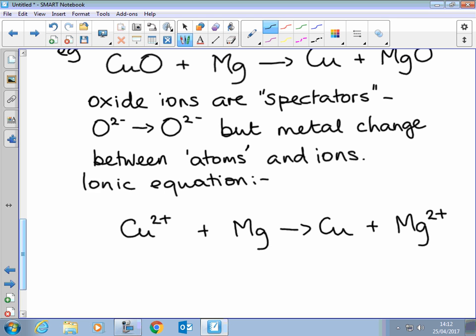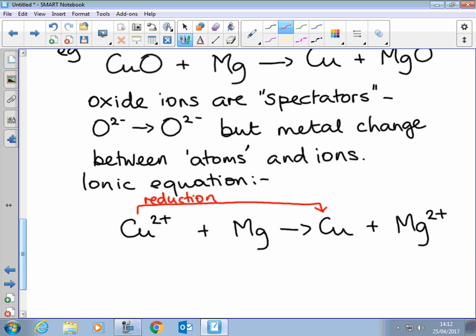So, where is the reduction going on? What's being reduced? Copper, yeah. The copper's being reduced because reduction is gain of electrons. And it gains 2 electrons to cancel this out and become neutral. So that's our reduction, going from 2+ to 0.